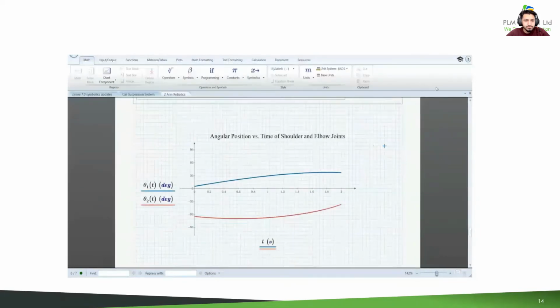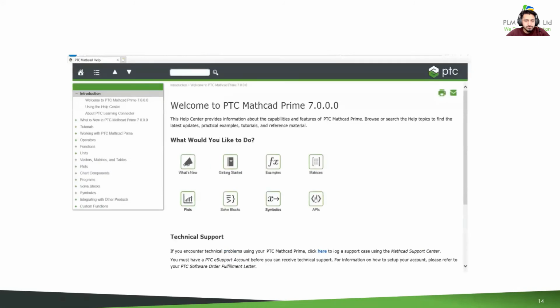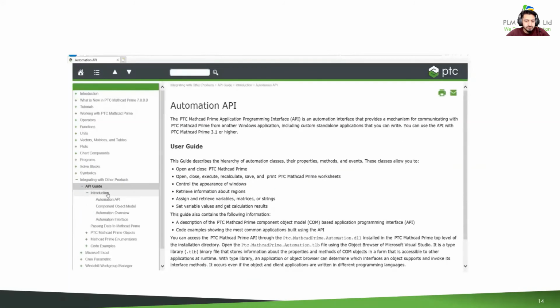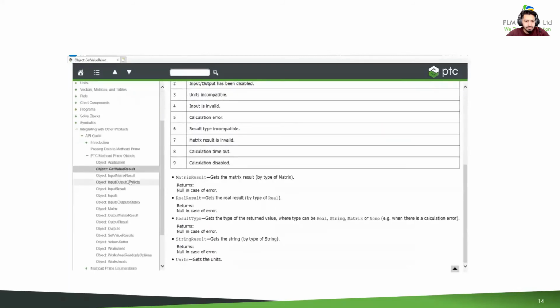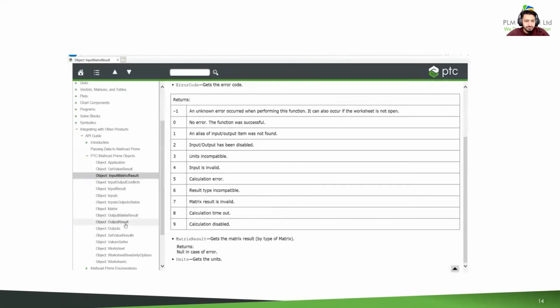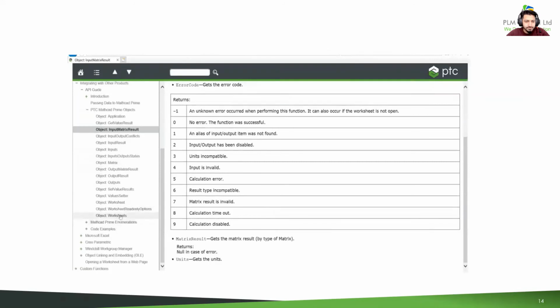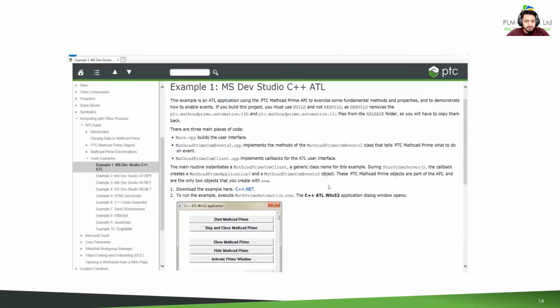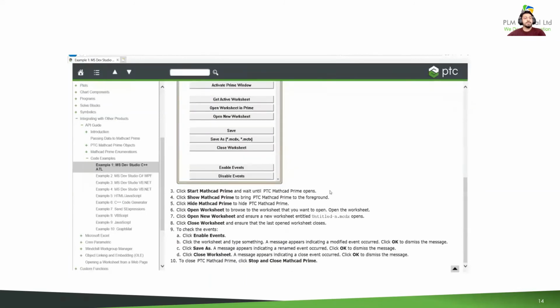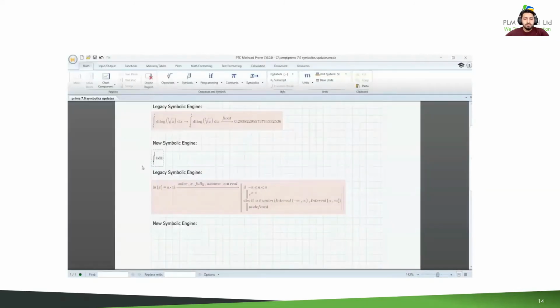Mathcad Prime already includes an API that enables you to seamlessly integrate it with other third-party applications. To make Mathcad easier to use, an API guide is now integrated into the online help. This guide covers all the commands available in the API and is supported by downloadable examples you can compile and run yourself. Moreover, Mathcad Prime 7 fully embraces and improves on the new symbolic engine, first introduced in PTC Mathcad Prime 6.